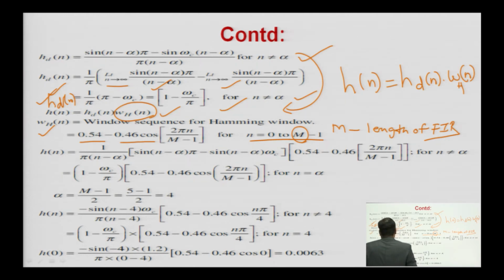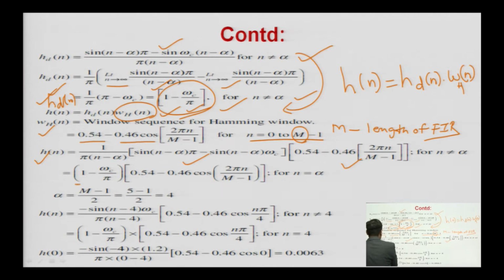Now, h(n) is equal to what? h(n) is equal to the value of h_d(n) times w_H(n) for n not equal to α. So, now you are putting the actual value here, this will be 1 minus ω_c upon π, because this value does not exist here.